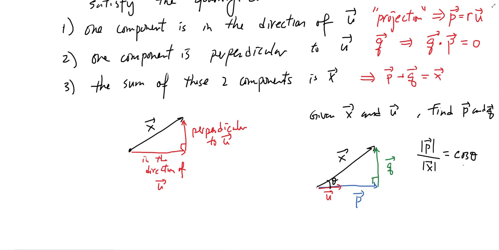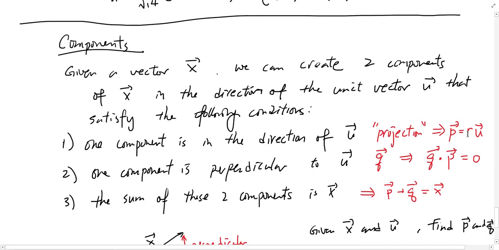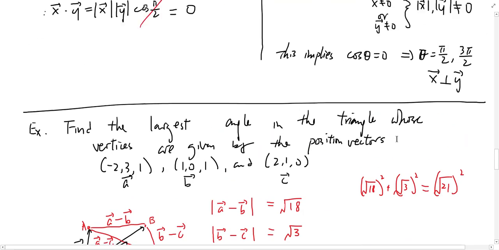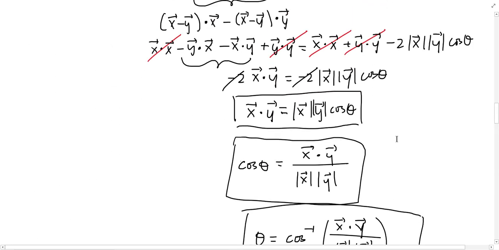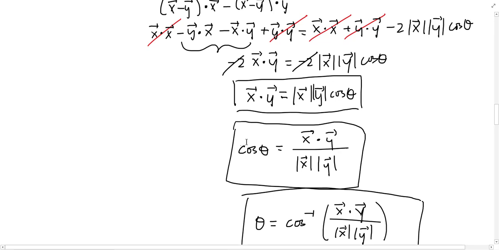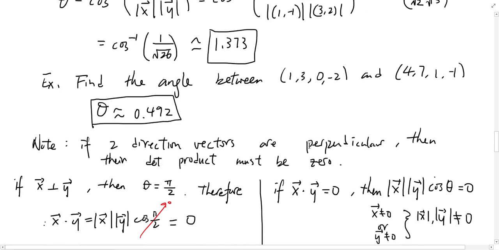And now here comes the interesting part. I can actually figure out what cosine theta is without knowing theta. How? Well, you learned in yesterday's video that cosine theta is given by this formula right here, provided we know the two vectors that form the angle theta, which we do.